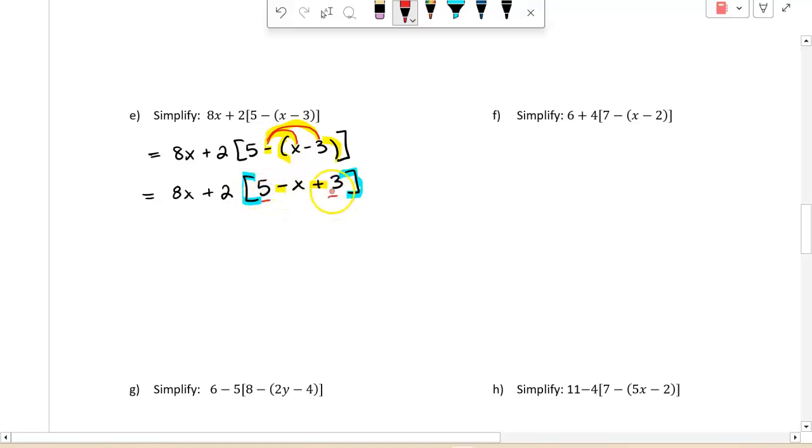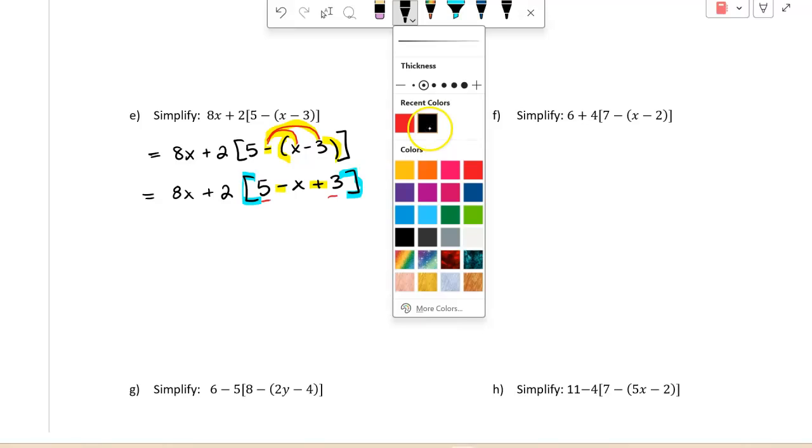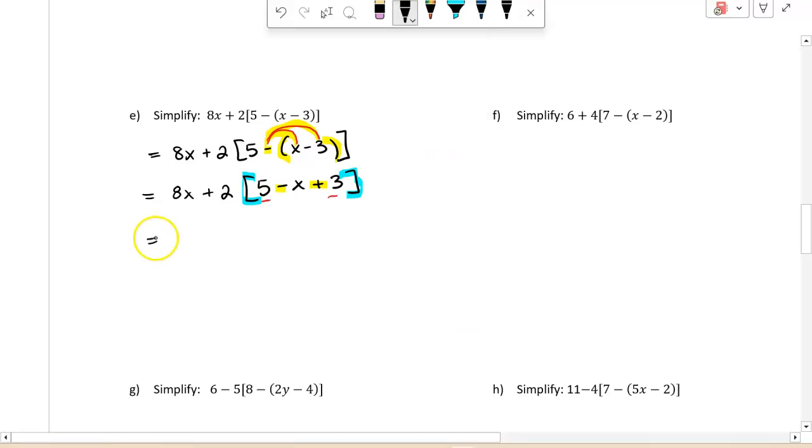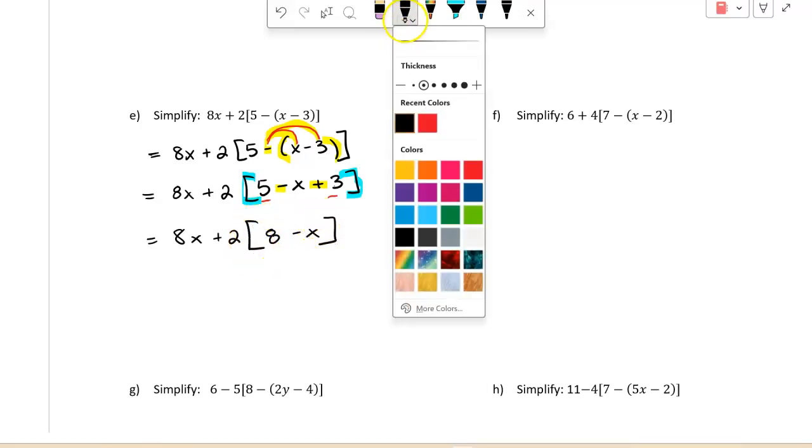I've got a positive 5 and a positive 3. We want to be careful with our signs, because if you mess up the signs, you mess up the problem. Rewriting this whole thing, 5 plus 3 is 8, and then I still have that minus x right there. At that point, if you want to turn those into parentheses to feel better about yourself, you totally could.